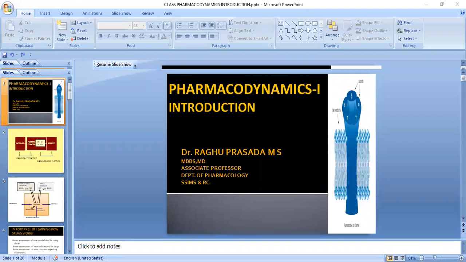In competitive antagonism, if the agonist is used, for example, at 100 milligram and the antagonist is used at 100 milligram, the response will decrease. But if the agonist concentration is increased to 200 and the antagonist remains at 100, the agonist competitively wins, so we get a parallel shift in the drug response.